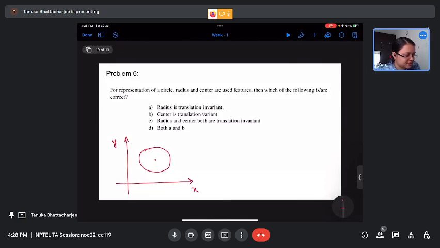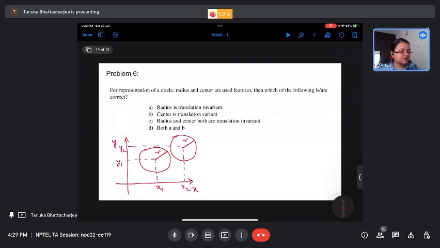Let's say the coordinates of the center are x1, y1, and the radius is r. Now we translate this circle and put it over here. The new center has become x2, y2, but the radius is still r.